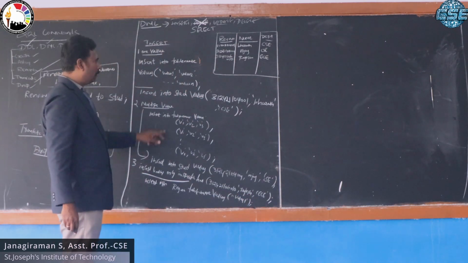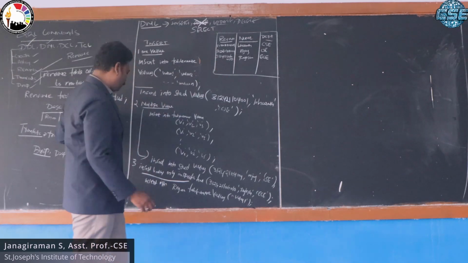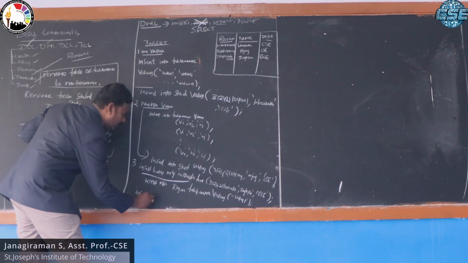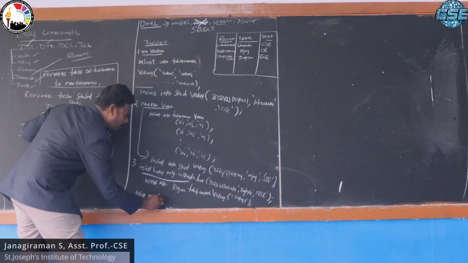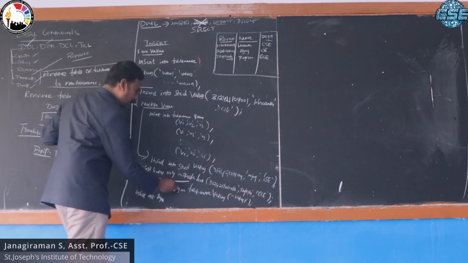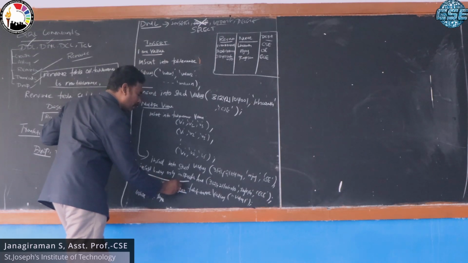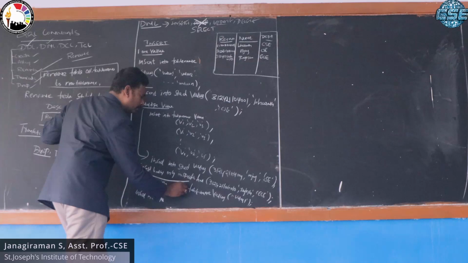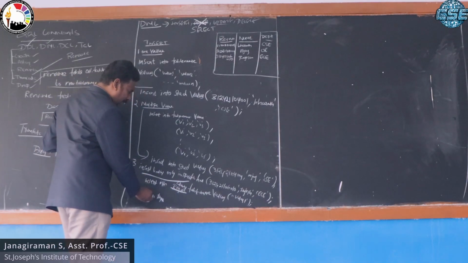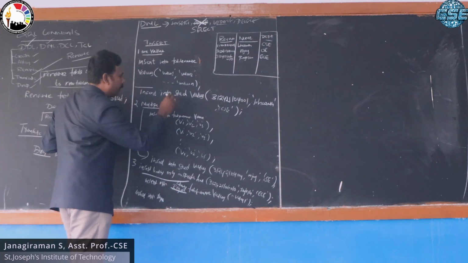So I just want to insert only register number, so insert into register number. So here the general syntax is, instead of register number it will be columns. Insert into register number. What is the table name here?